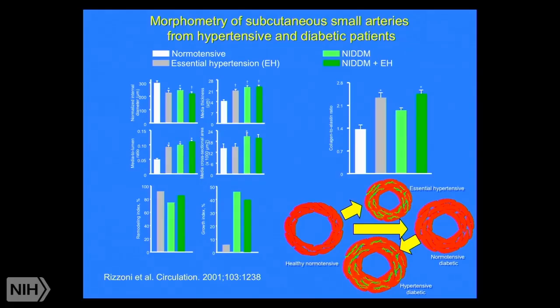Now, what about diabetes? This study coming again from Brescia showed that in diabetes, and perhaps I'll just show this schema down here, in comparison to essential hypertensives who have inward eutrophic remodeling and collagen deposition in the vascular wall, and in that they reproduced our findings, normotensive diabetics have hypertrophic remodeling, and hypertensive diabetics have hypertrophic remodeling with collagen deposition.